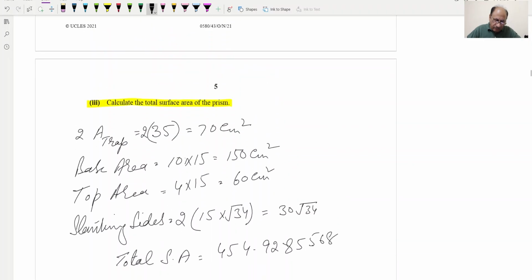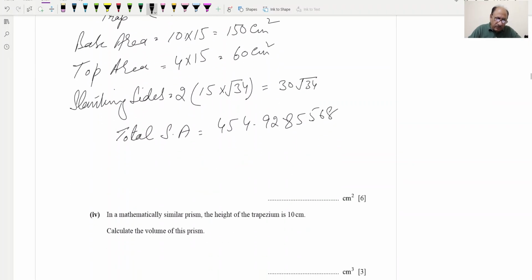Now we have to provide the answer up to 3 significant figures, so we write it as approximately 455. 455 will be our answer, and this question was 6 marks, which we have done.